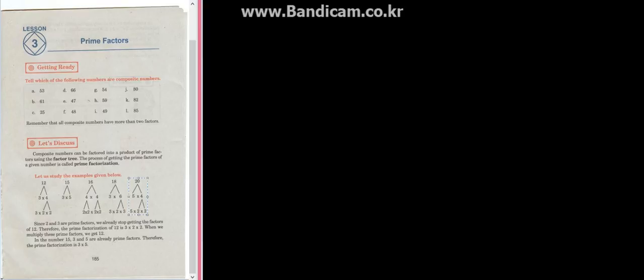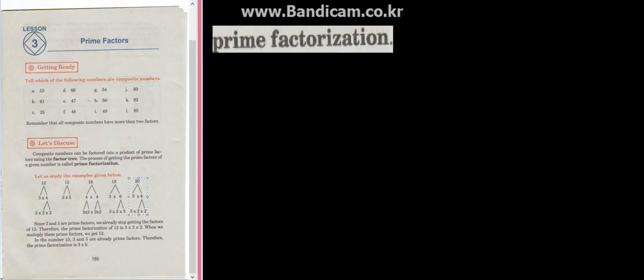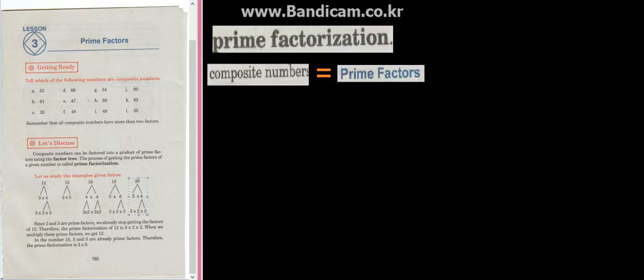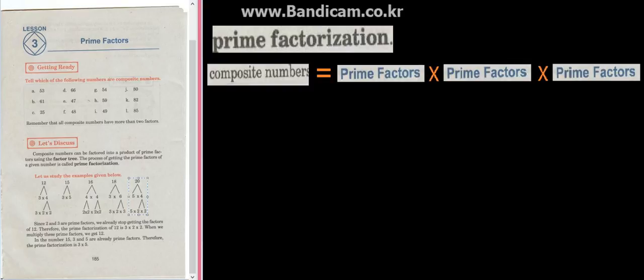Let's begin with what is prime factorization. In the book it first introduced the factor tree, but I'm going to introduce prime factorization first. Prime factorization is breaking down or disassembling a composite number into prime factors. It is talking about the overall process.